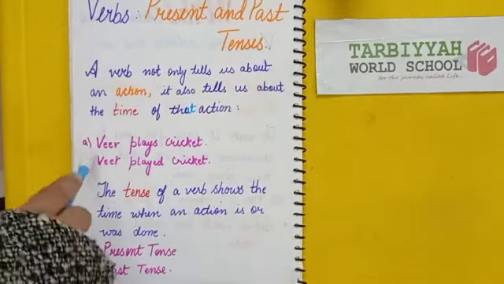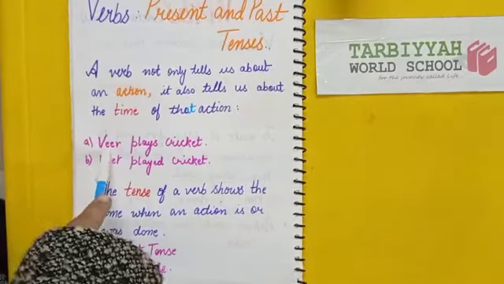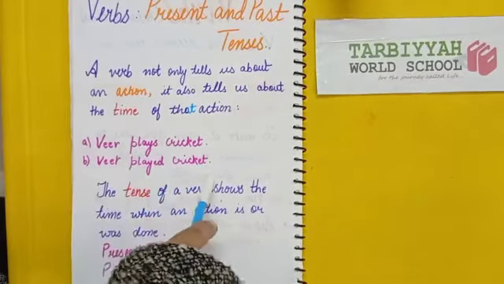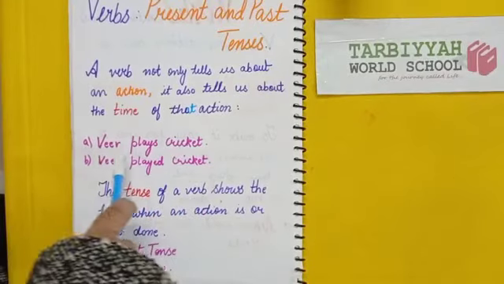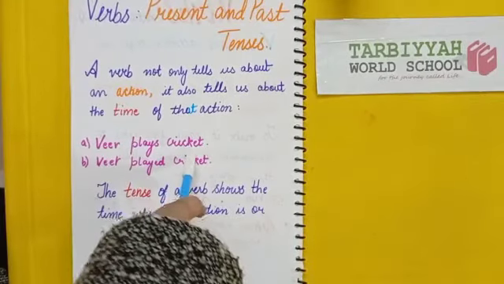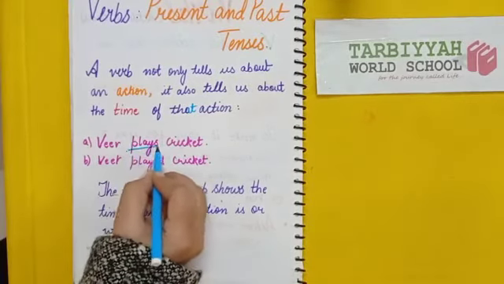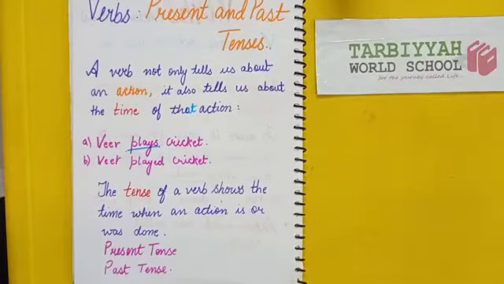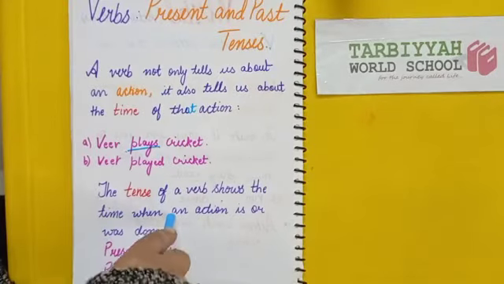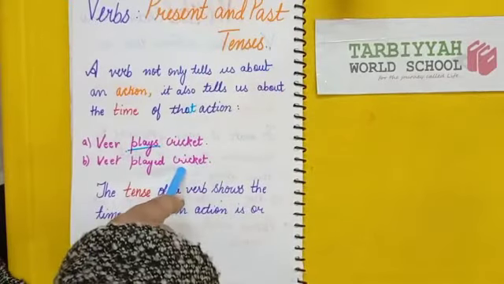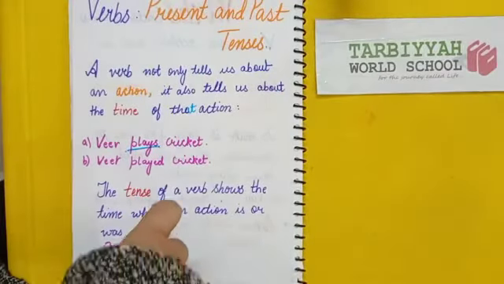Now look at these two sentences. We play cricket. In the sentence, we play cricket, the word play refers to an action that we do now. वो अभी खेल रहा है. Or at present.